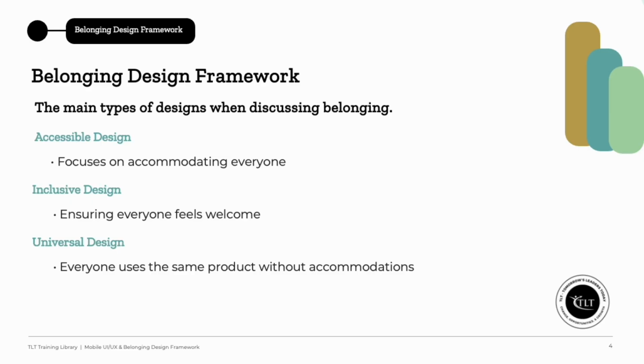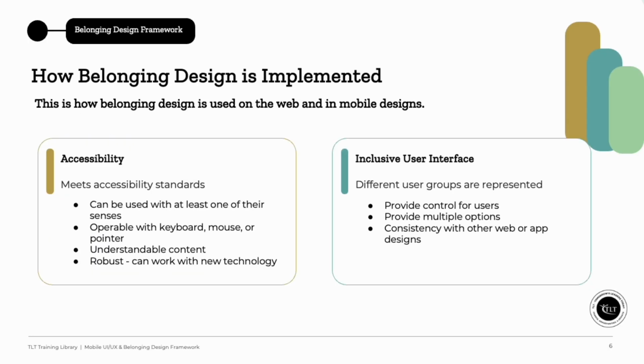Finally, there's universal design. It doesn't create specific accommodations. It is a design that can be used by anyone, and it can encompass both inclusive and accessible design. All of these types of designs attempt to meet user needs and provide belonging in different ways.